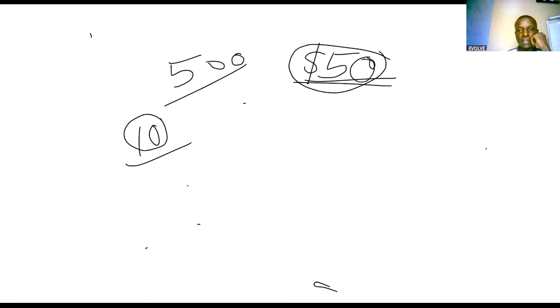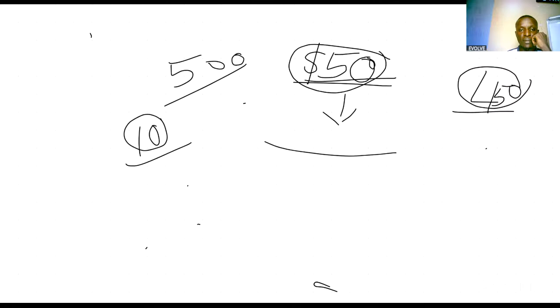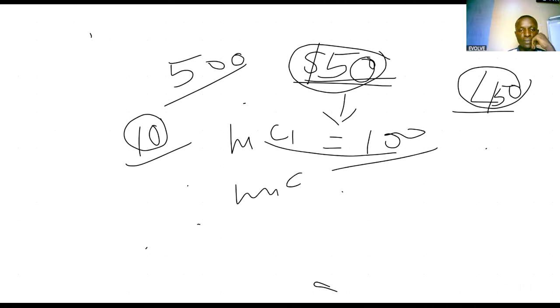So how much is left? You are left with the 450. Now, this 450, it means position number 2, or margin call 1. Margin call 1, the robot is going to enter the market with $100. Then margin call 2, the robot is going to enter $200 in the market.